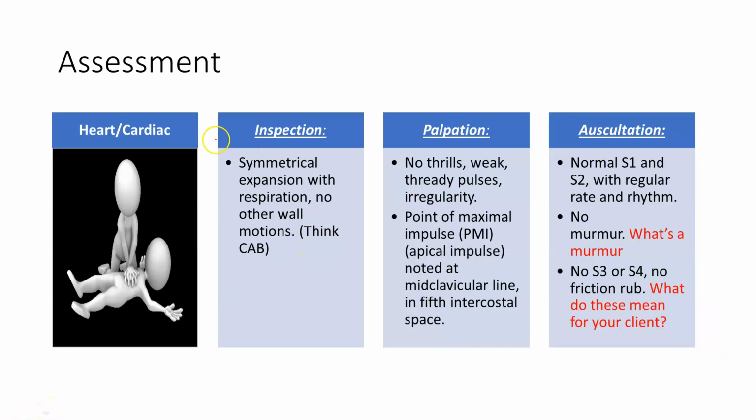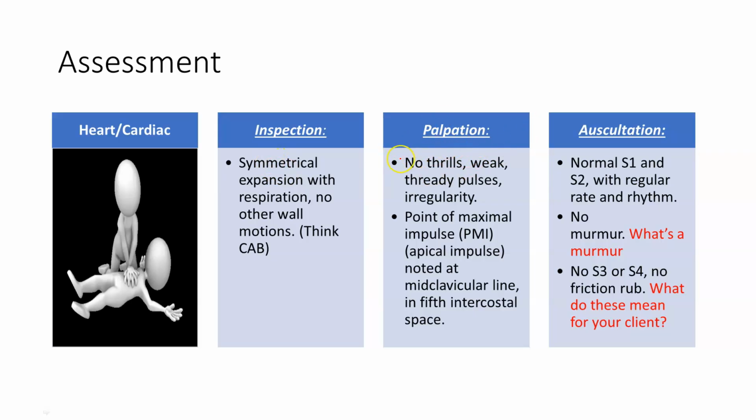Okay, so we're going to look, feel, and listen. So we're looking for symmetrical expansion of the chest wall, no other abnormal motions, no flail chest, things like that, no absent lung sounds on one side. We're watching the rise and fall of the chest. Counting a respiratory rate, a real respiratory rate, never trust the machine.